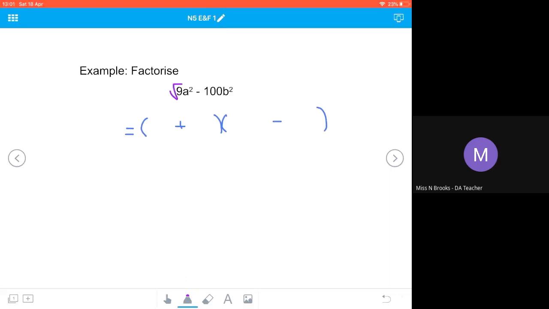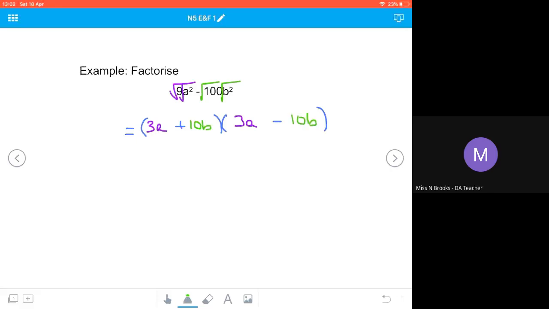So the first term in each of our brackets is going to be the square root of 9 and the square root of a squared. So the square root of 9 is 3 and the square root of a squared is a. So we're going to have a 3a in the beginning of both of our brackets. And then the second term of our brackets is going to be the square root of 100 and the square root of b squared. So the square root of 100 is 10 and the square root of b squared is b.